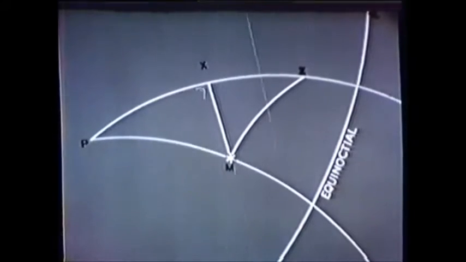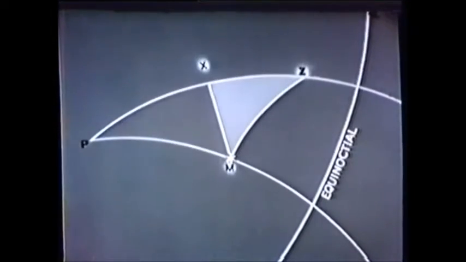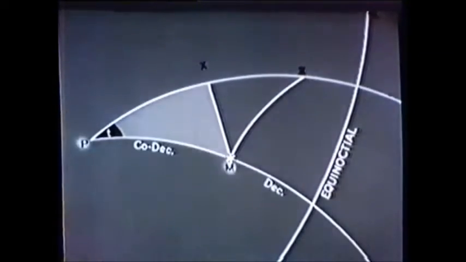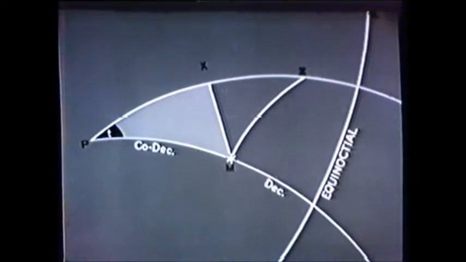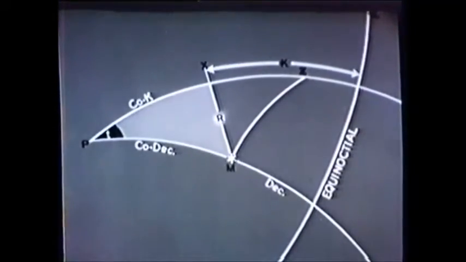This triangle has the angle PZM, called the azimuth angle Z, and the sides, co-altitude, R, and ZX. ZX is made up of the algebraic difference between K and the latitude of the observer, L.